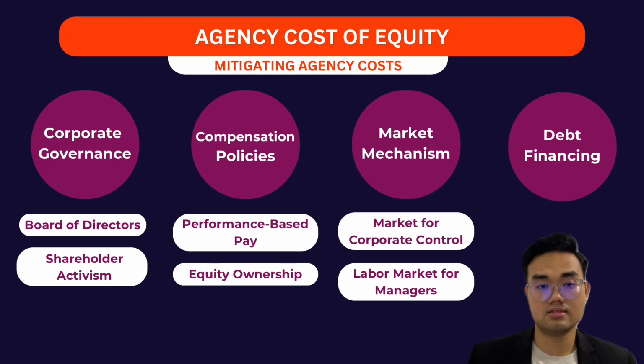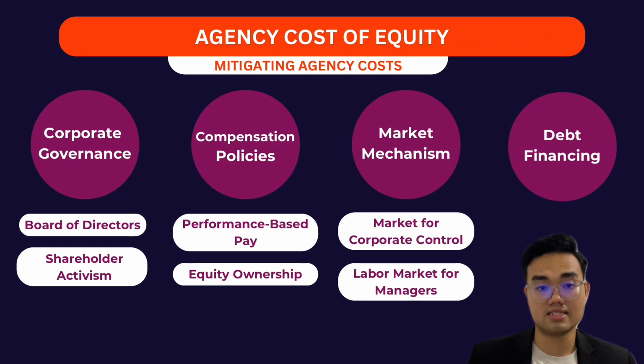The third one is market mechanisms. Market for corporate control: the threat of takeover can discipline managers as underperforming firms are more likely to be acquired. And second one, labor market for managers, where reputational concerns in the managerial labor market can motivate managers to act in shareholders' best interest to secure future career opportunities.